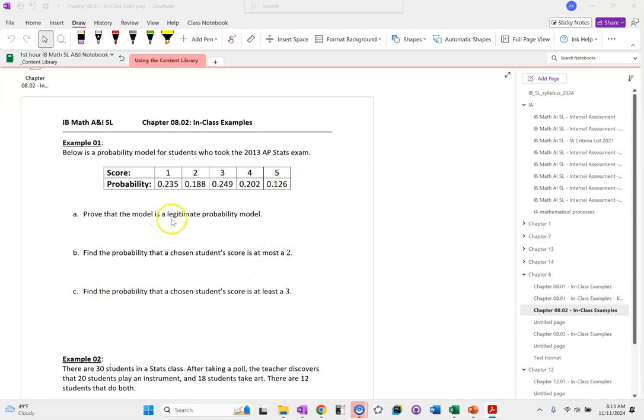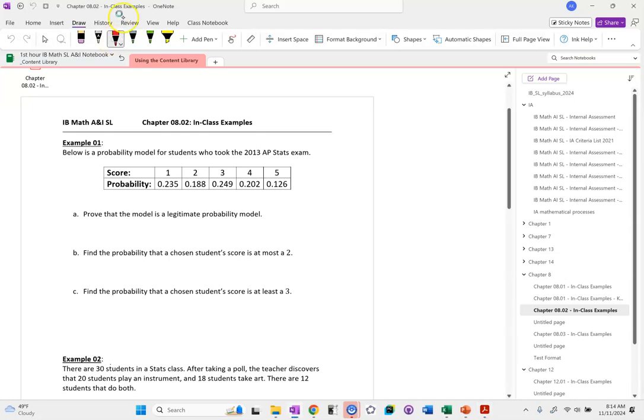Okay. Yeah, that's fine. Find the probability that a chosen student's score is at most 2. What does at most mean? The highest. Okay, it means less than or equal to, right, is the way I would think about it. So that should be the probability of... now, are these events mutually exclusive?